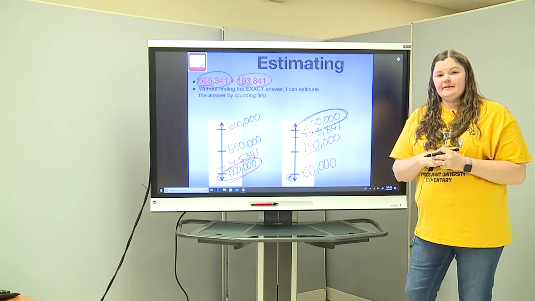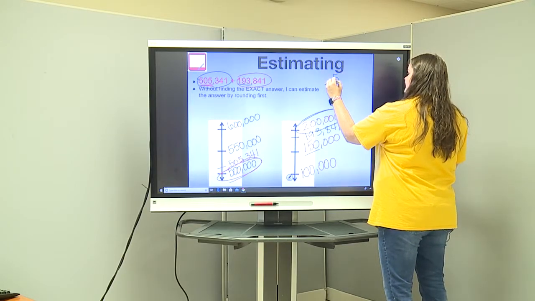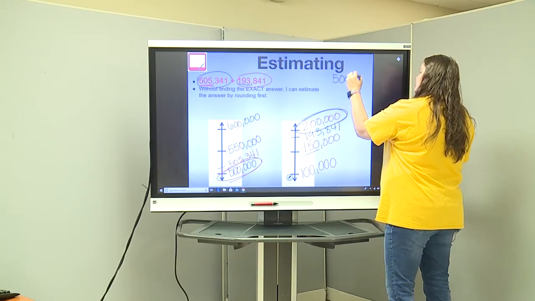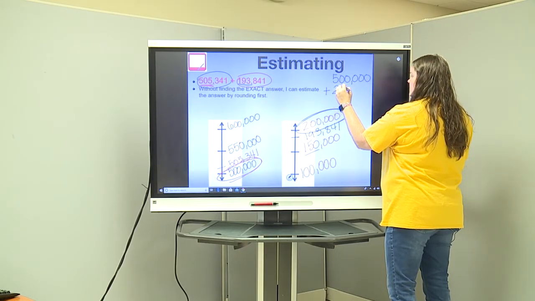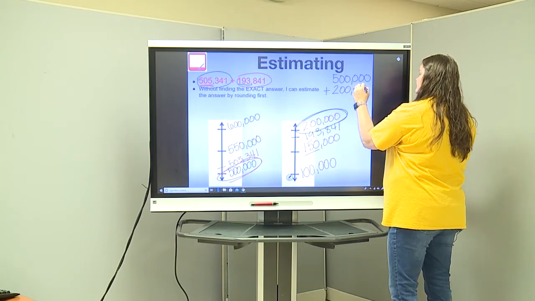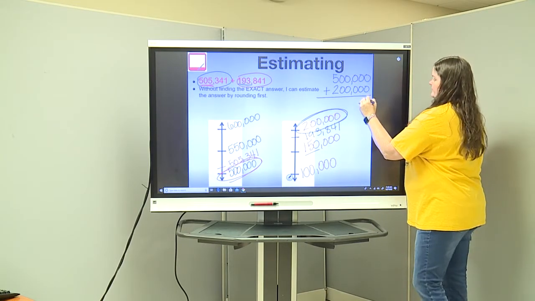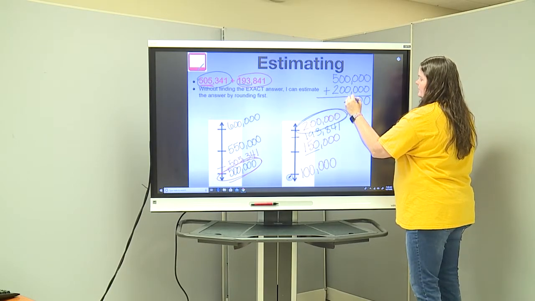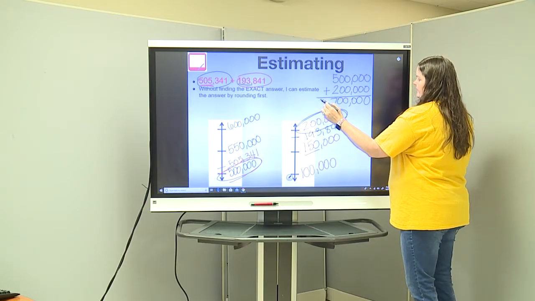Now can I add them together? We sure can. So let's come up here and add those together. 500,000 plus 200,000. And if I add those together, got 0, all right, 0, and then 5 plus 2 would give me 7.